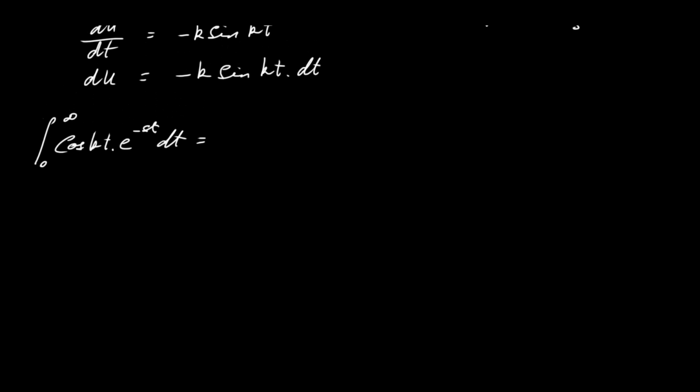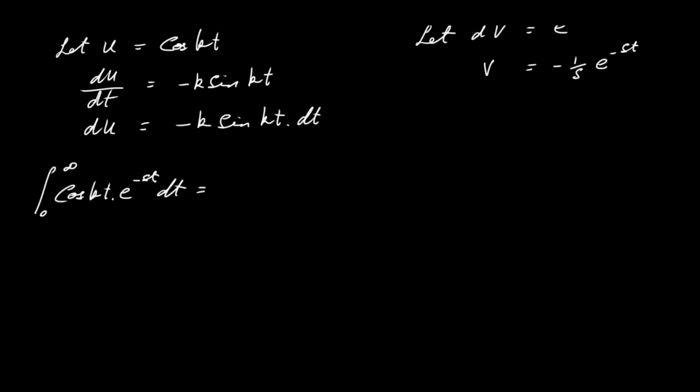So we're going to have the integral from 0 to infinity of cos kt e to the power of minus st dt is equal to, so we've got to do uv first of all. This is integration by parts. So u we can see here is cos kt. Got to multiply that by v, which is here.